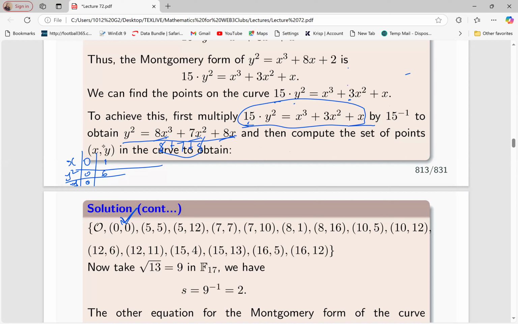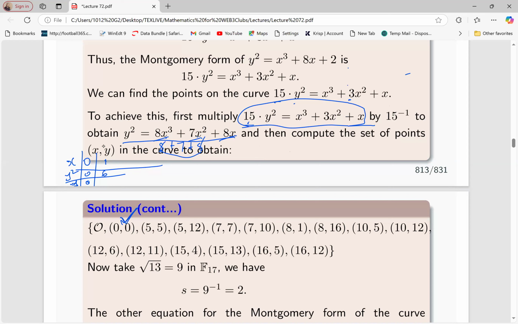But this 6 has no square root. So when x is 1, we do not get the equivalent value of y. That coordinate does not exist.